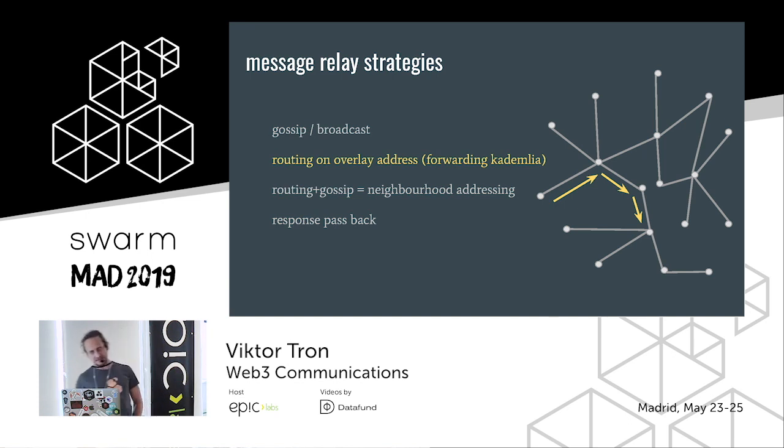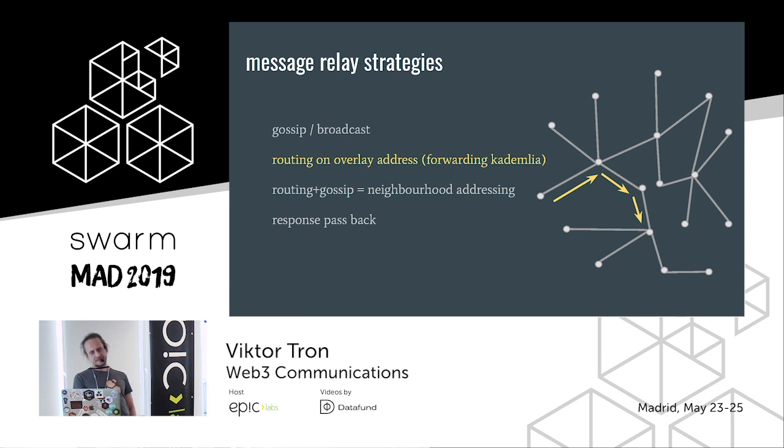But its recipient is revealed, because that's what makes it efficiently routable. So this forwarding Kademlia, which I now indicate with the yellow arrows, where the message passing goes through several hops, is central to the workings of Swarm.